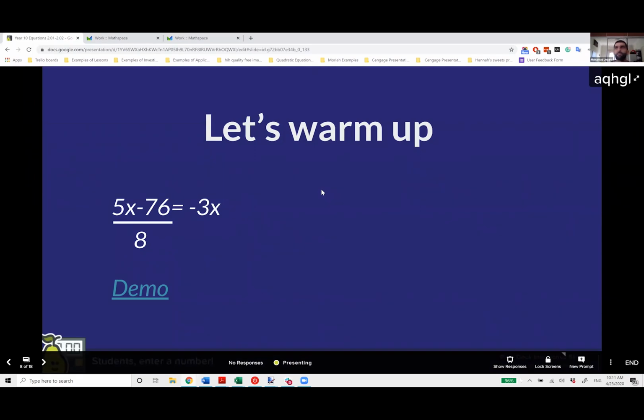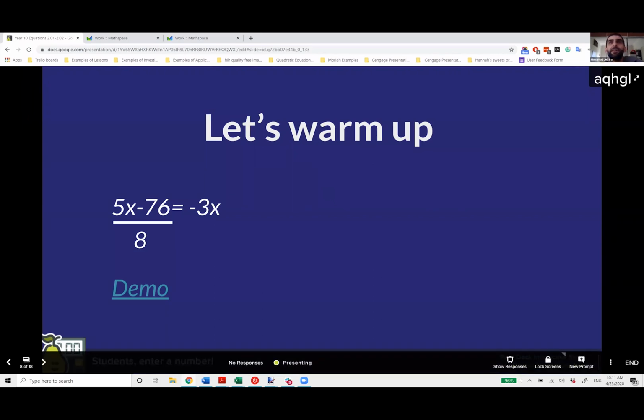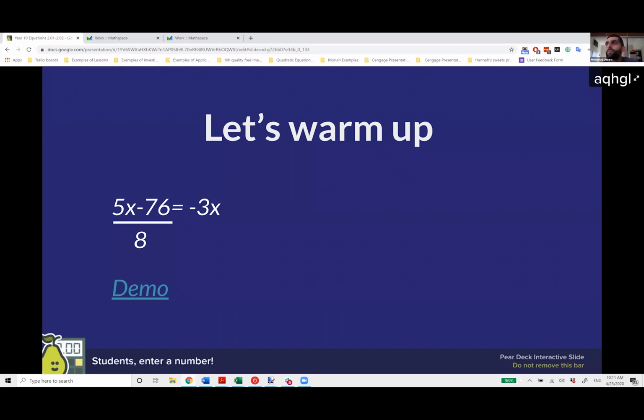All right, next one. Throw in some fractions. 5x minus 76 all over 8 is equal to negative 3x. Let's go. So you don't actually have to send the answer.